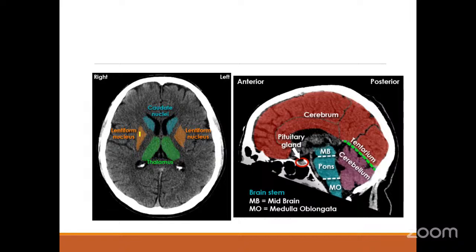Lateral to the lentiform nucleus, we have a small white matter pathway called the external capsule.